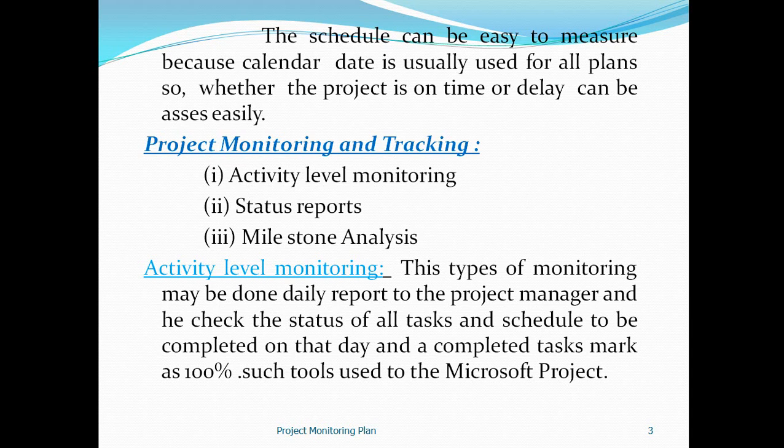The project manager checks the status of all tasks and schedules to be completed on that day, and the completed task is marked as 100%. An incomplete task is marked based on the completed work.